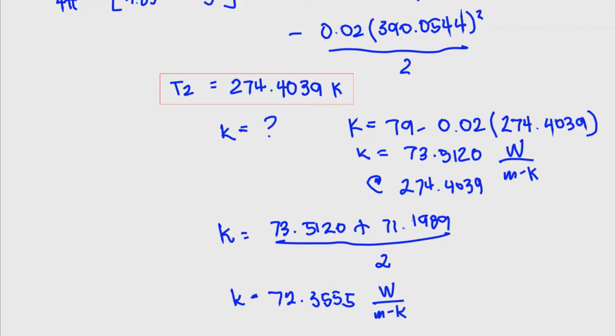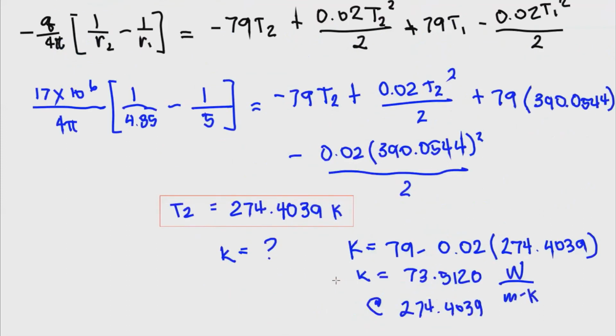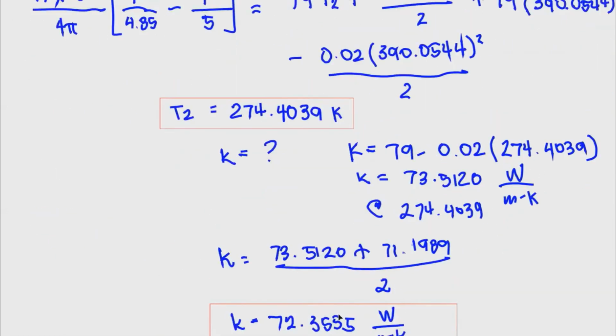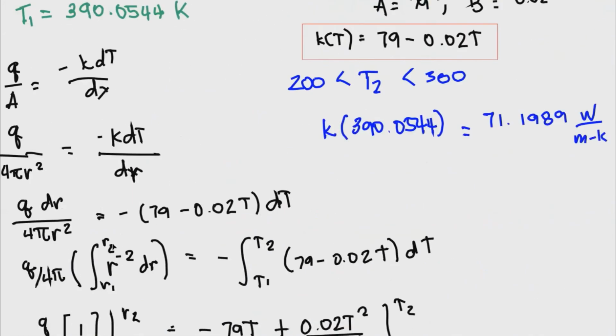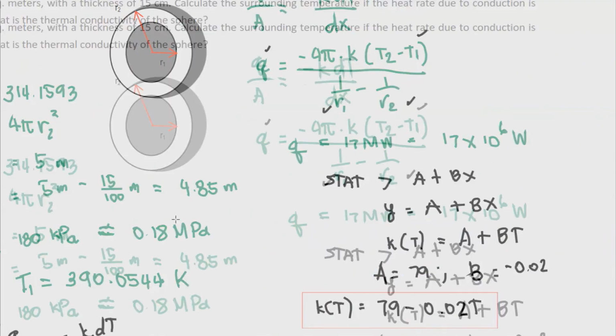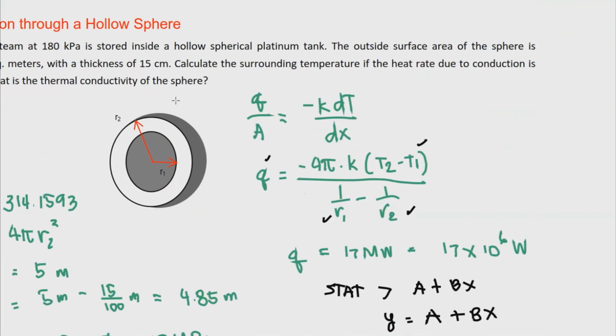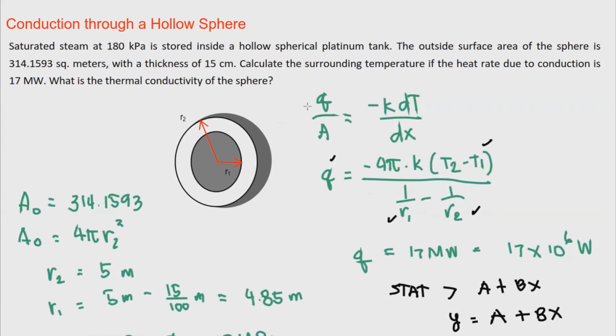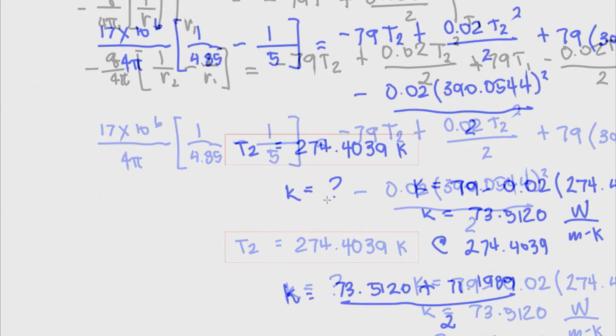Okay, so given that thermal conductivity, if we wanted to check this answer, dapat yung makakalculate natin na Q here, using this T2 and then this K should be equal to 17 megawatts, or it could be, syempre, due to some rounding off natin or some assumptions, medyo baka magkaroon ng discrepancy, but hindi naman siya sobrang laki.